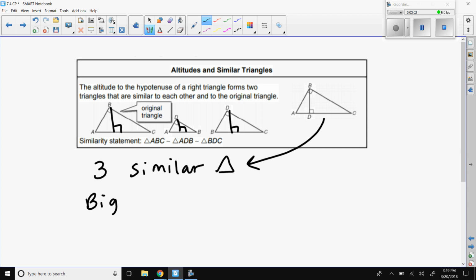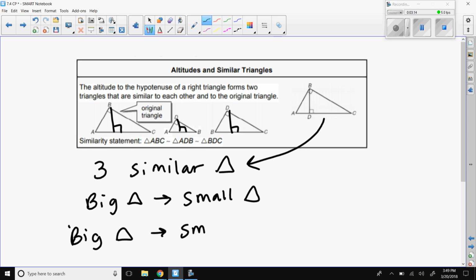It's the big triangle to a small triangle, as well as the big triangle to a small-ish triangle. The big triangle is triangle ABC. It's going to be similar to the smallest triangle, ABD.